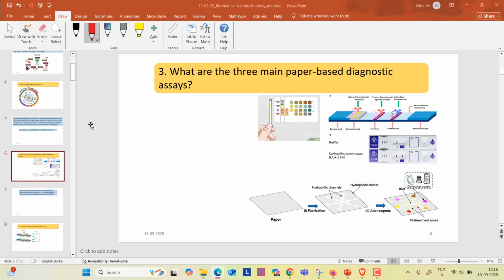So, from the diagram itself, you can understand that the first one is the dipstick assay.